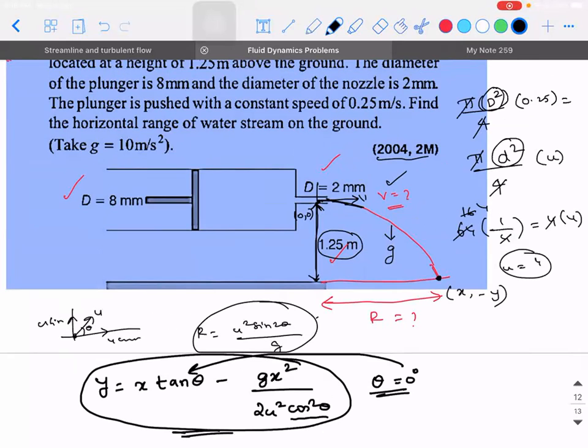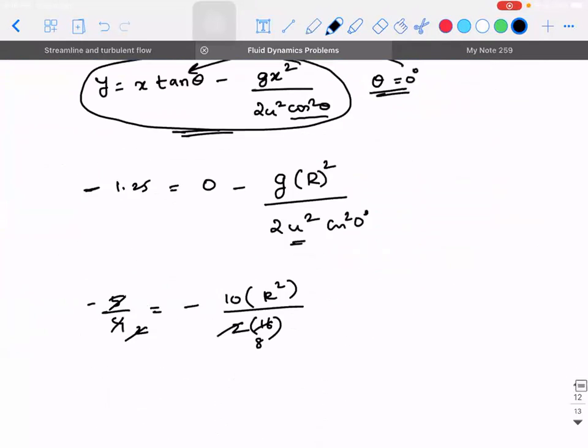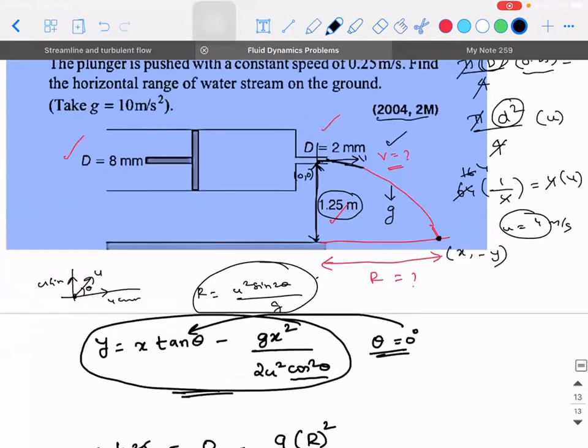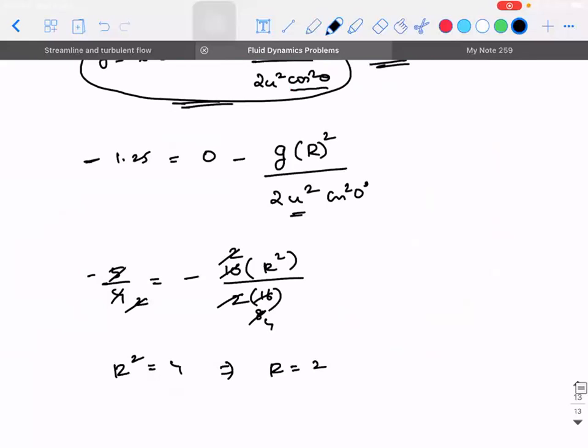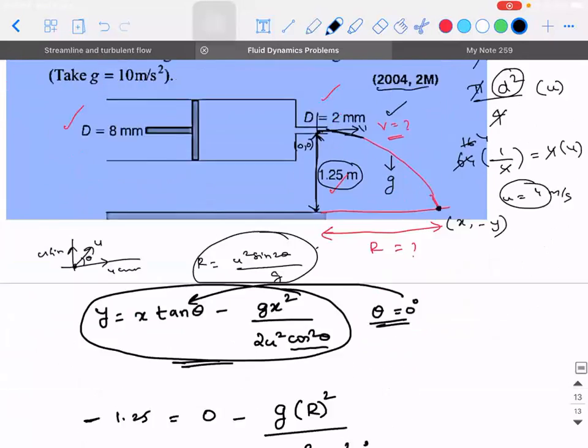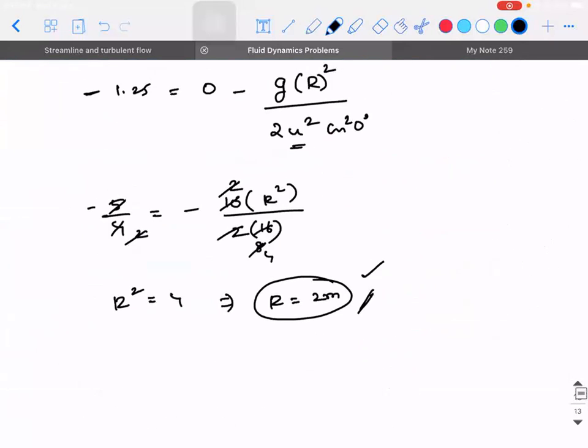But this 0.25 is what is going to give you meter per second. That is why this is 4 meter per second only. So r square is equal to 4, which implies r is equal to 2 meter. So the liquid will fall at a distance of 2 meters. Got it, guys?